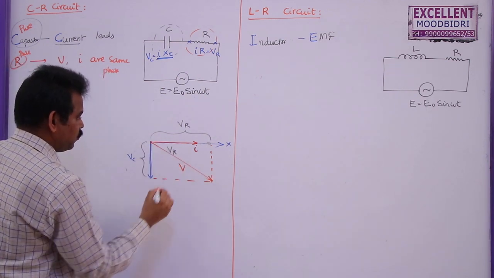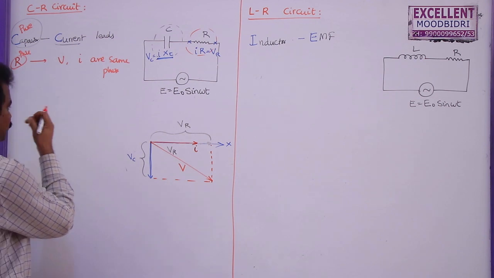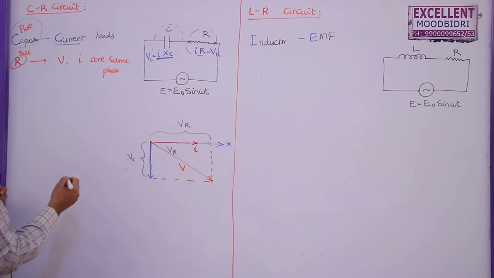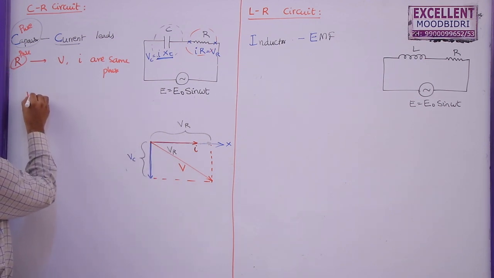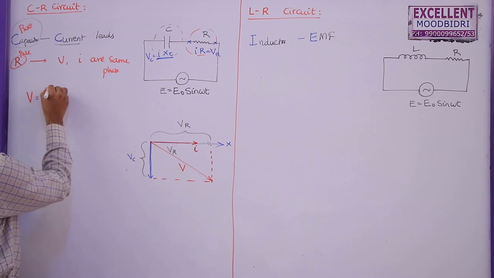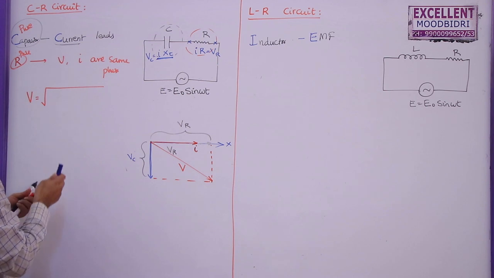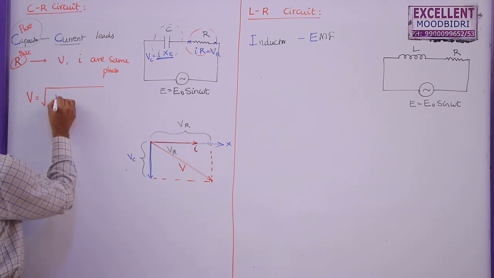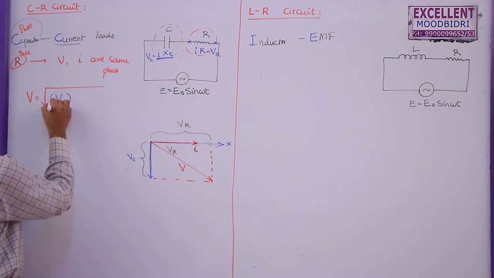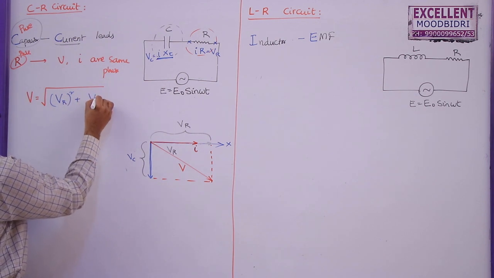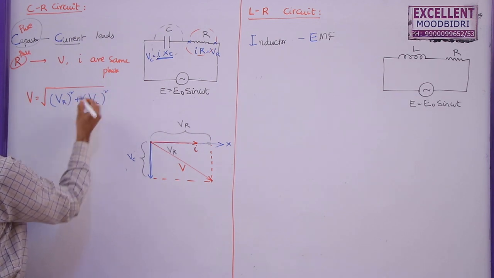So this is the net voltage across this combination. By using the parallelogram law of vector addition, we can write V is equal to root over VR square plus VC square.